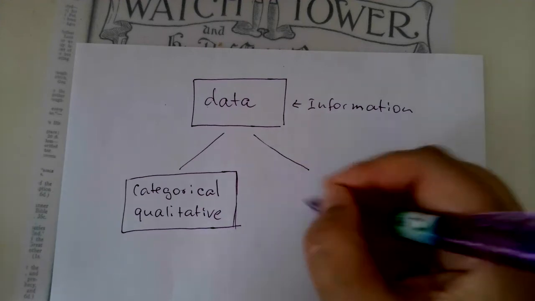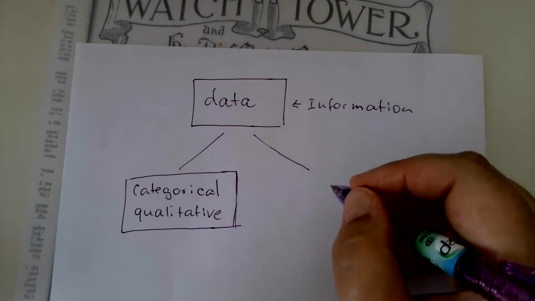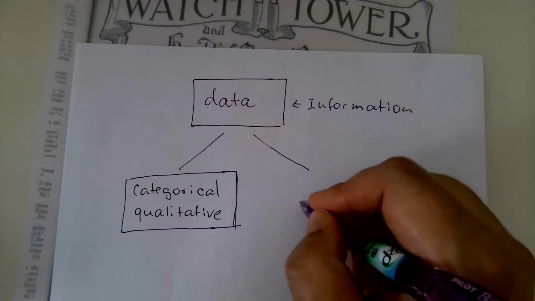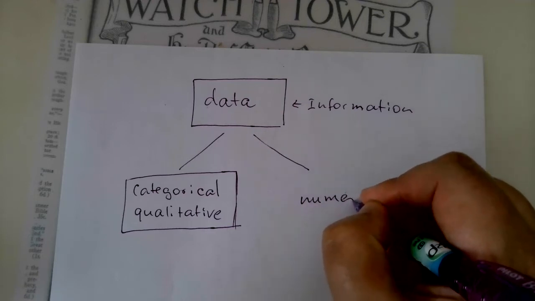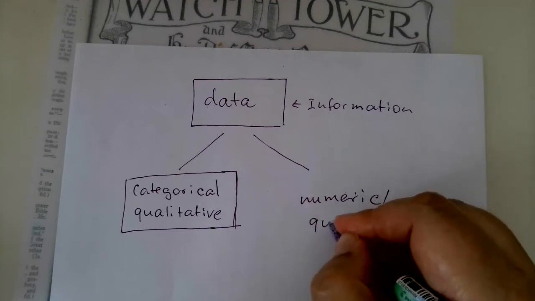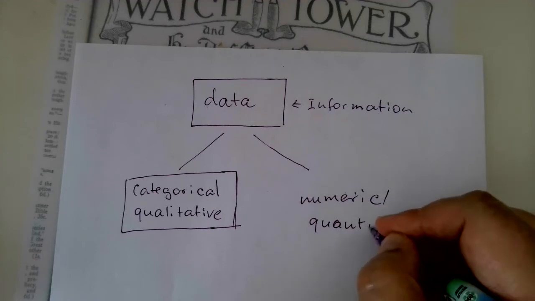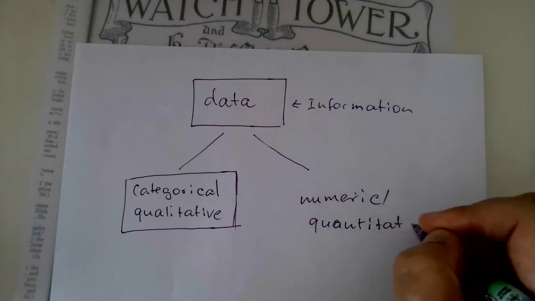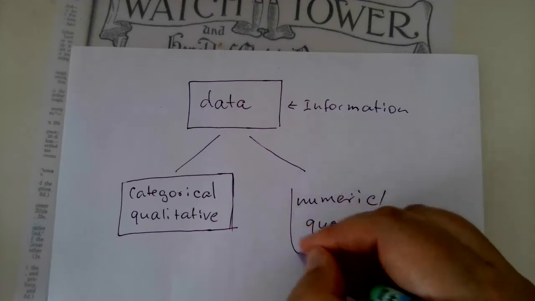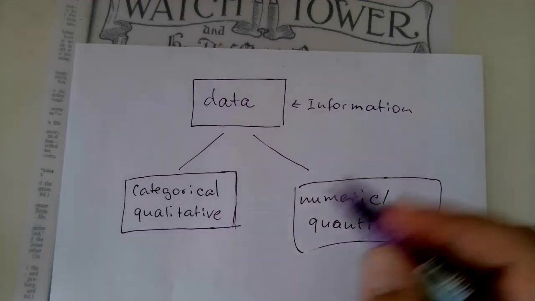Another type of data that we're going to be looking at is numeric variables, or quantitative data. And that comes from measurements, okay?